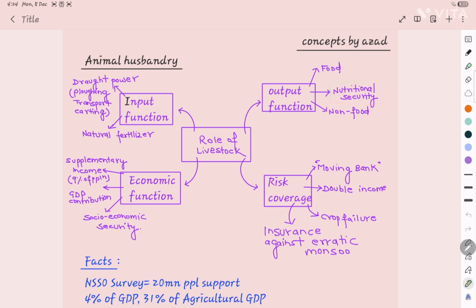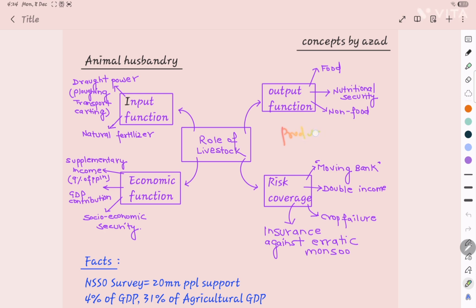Okay, so first we will study the role of livestock. First, the role it plays is the output function. Means, if you do animal husbandry, the first thing it provides is food. Okay, we will get food. The second is nutritional security.